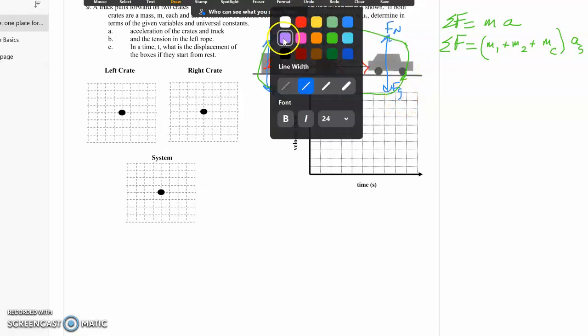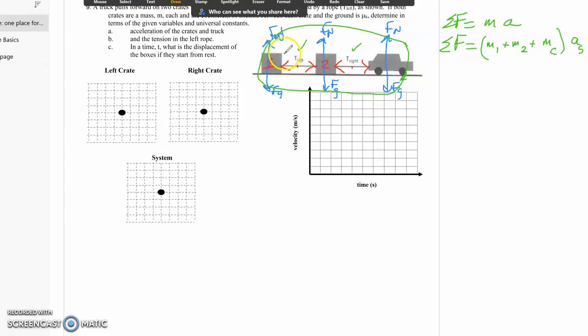I could just sum on crate 1. If I summed all the forces on crate 1, then it would only be M1, right? But the thing that's true in these is that the acceleration is the same on a train.